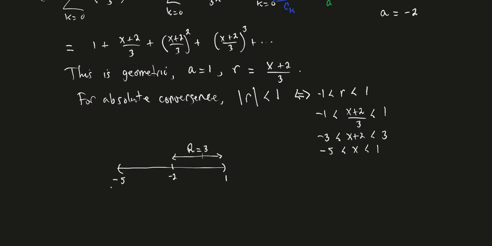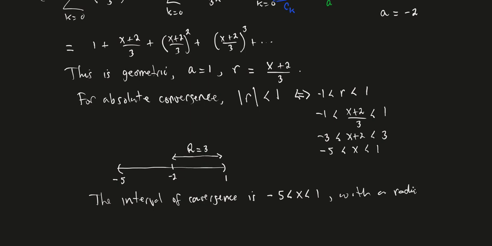So here is our summary. The interval of convergence is negative 5 less than x, which is in turn less than 1, with a radius of convergence of 3, right?